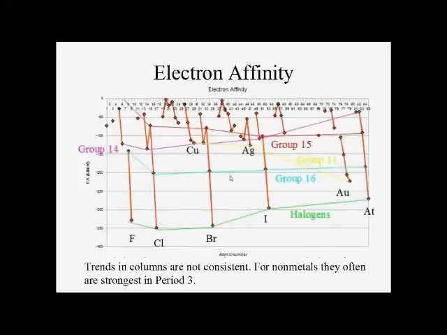For oxygen group 16 here, again, it becomes most stable on period 3. That would be with sulfur, and then there's a slight decrease in stability going down the table from there.